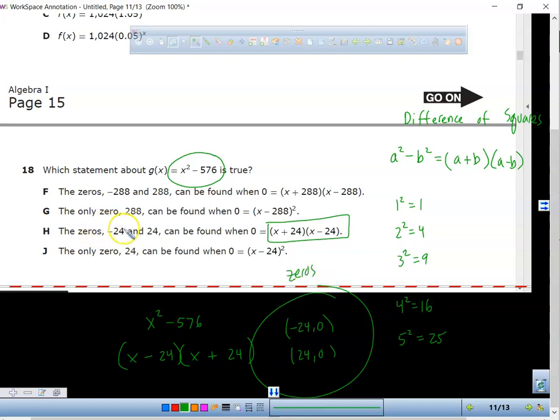The zeros, negative 24 and positive 24, can be found when it's factored. So that's the only one that matches. Okay, that's why the answer is H. So you could use Desmos and just look for your zeros.